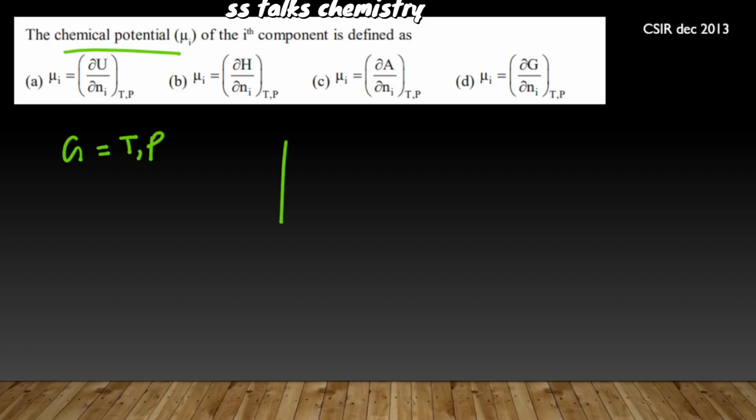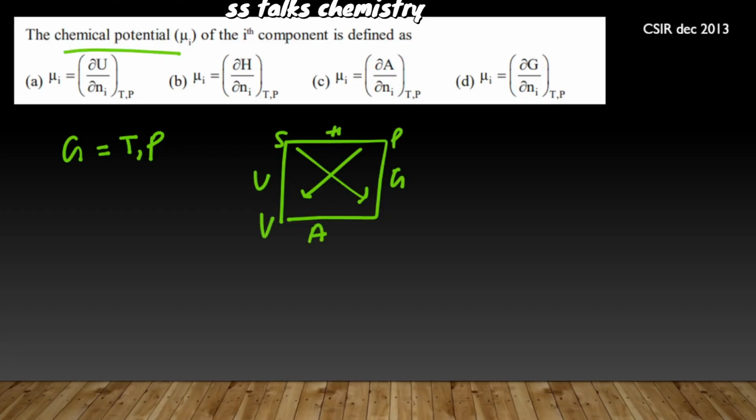From the Maxwell relations, you can see that G is a function of temperature and pressure. But now along with this, the number of moles are also considered, which is Ni or Nj component, which basically describes what the change in the Gibbs free energy value will be if the ith component has been added.